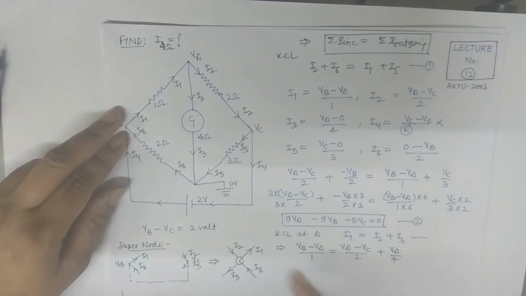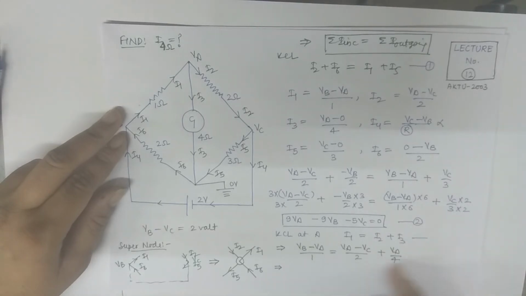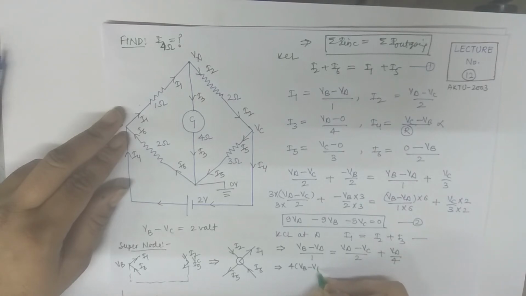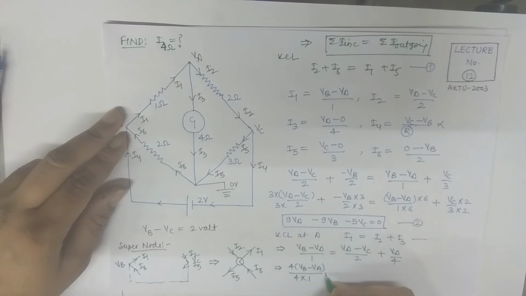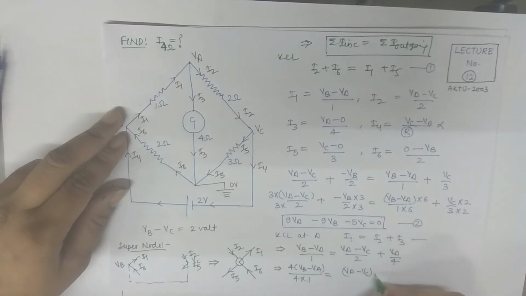After multiplying to make the denominators equal, here multiply by 4 and divide by 4, here 2 times VA minus VC multiplied by 2 and divided by 2, here VA upon 4.